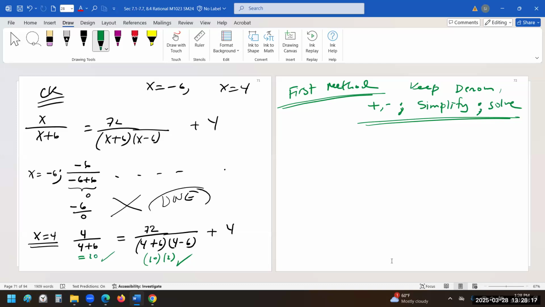If you say your answer is -6 and 4, your answer is wrong, so you get 0. So you have to check somewhere, either at the beginning or at the end, or do the method where you add and subtract, simplify fast, and then solve. If you simplify, you don't have to check, because the simplifying solved everything.